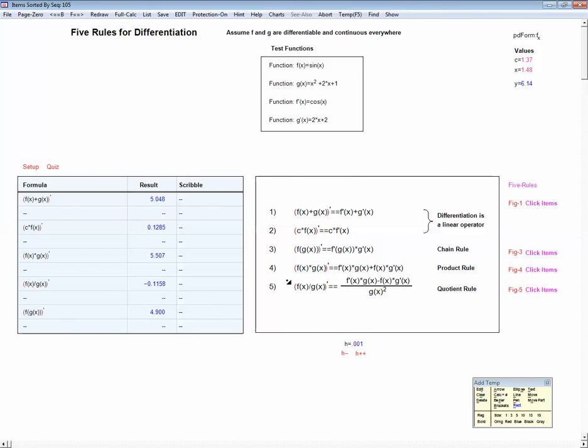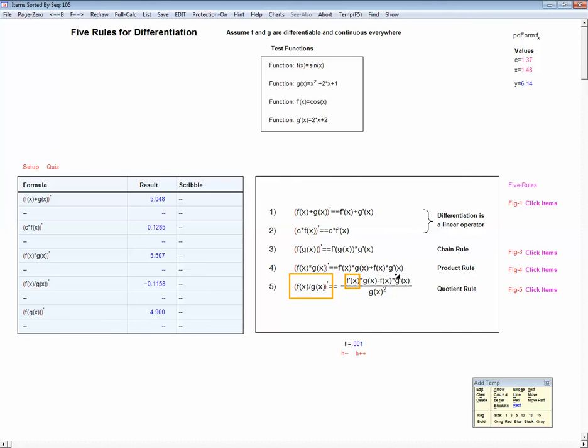Alright, now this one here is called the quotient rule because you have f divided by g. And it's sort of similar to the one above. You still have f and g with a minus between them instead of a plus, and you still differentiate 1 on this side, the f prime. That's differentiated, and the g is just carried along.